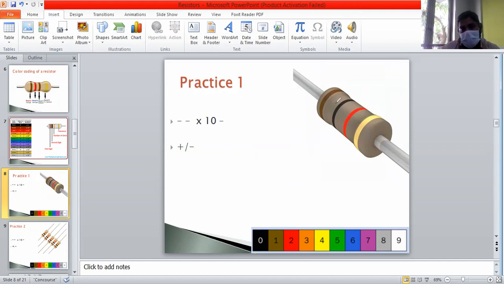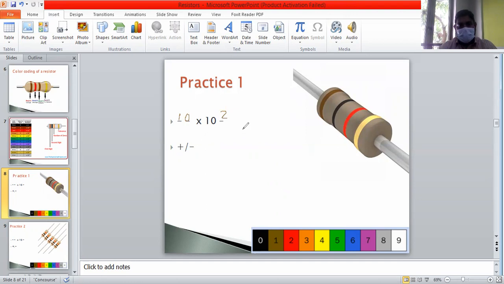The first one is brown, the second one is black, the third one is red, and the fourth one is for tolerance, that is golden. The first one is brown. Brown stands for 1, so the first digit is 1. Second is black. Black stands for 0. So the number is 10. And then into 10 exponent. The third color is red, so this is 2.